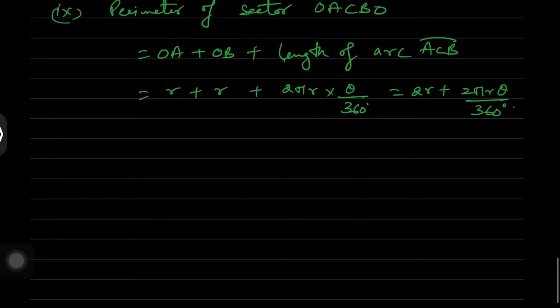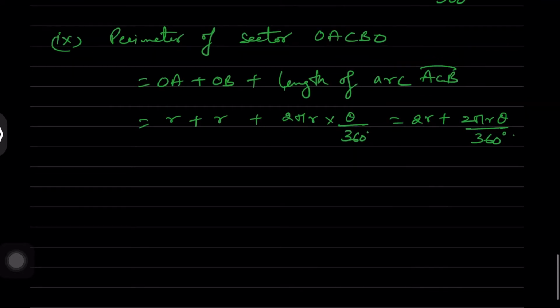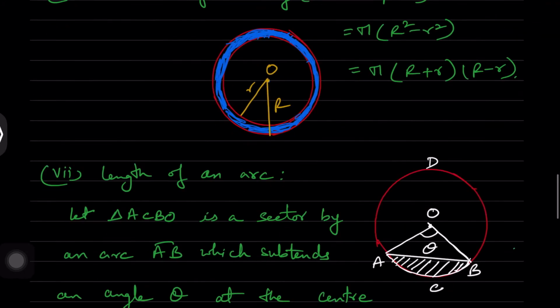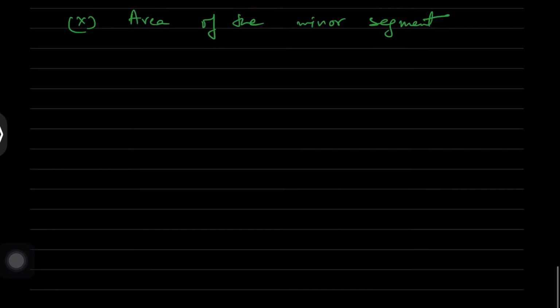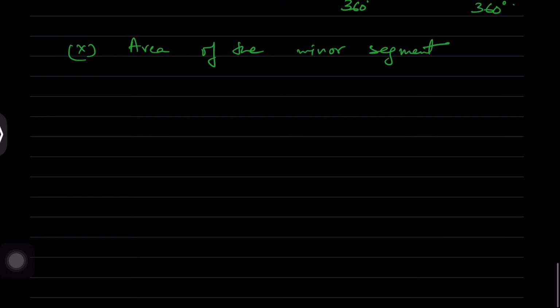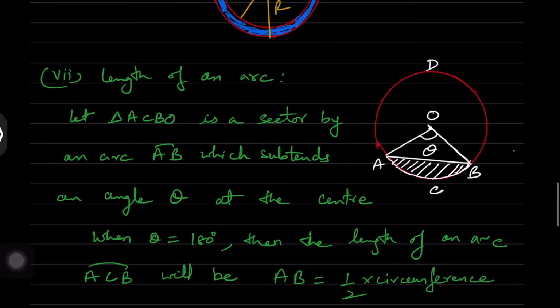Next, what is the area of the minor segment? We'll see. The minor segment is this part. Here also it's enclosed between two radii. So the area of the minor segment ACBA is equal to the area of the sector OACBO minus, so now you can see what the sector is.